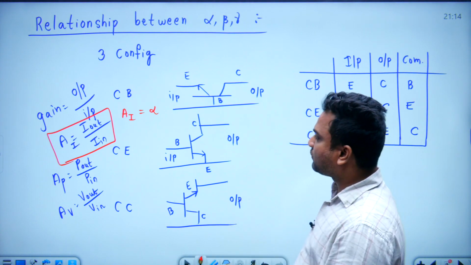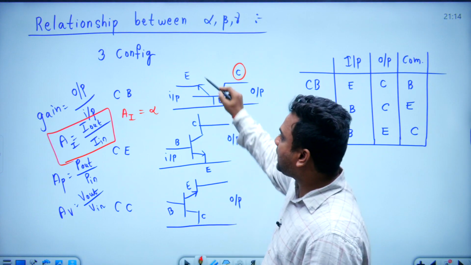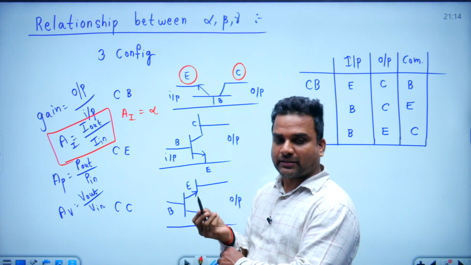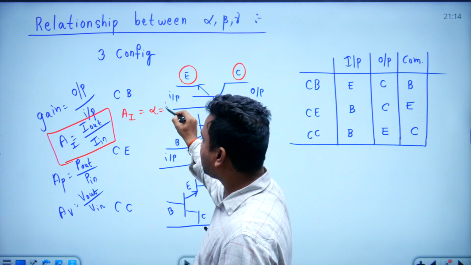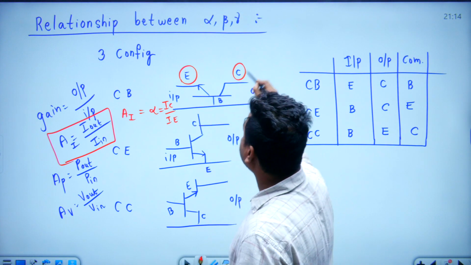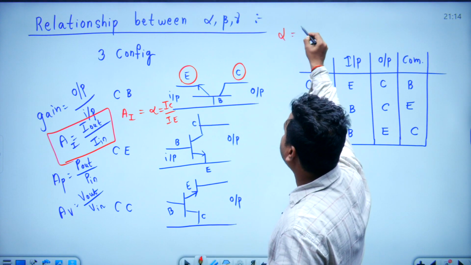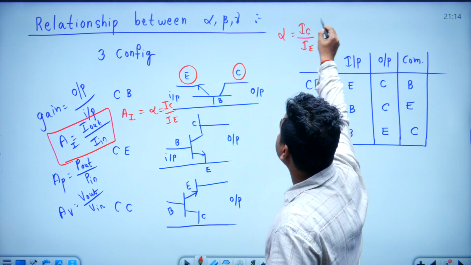So in this, what is the output current? IC. What is the input current? IE. So here the AI, which is alpha, is IC by IE only. So the basic definition of alpha is IC by IE. This one, guys.